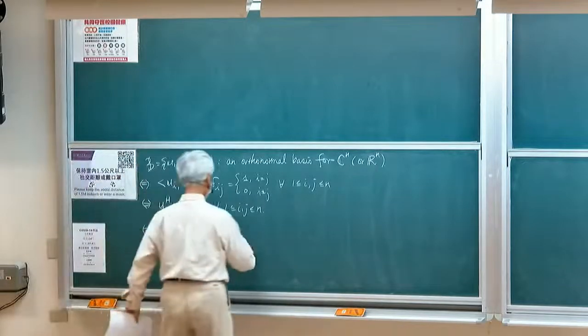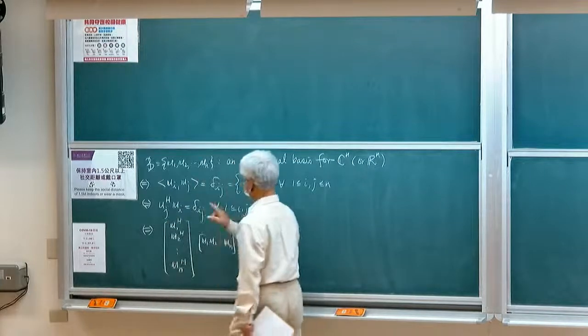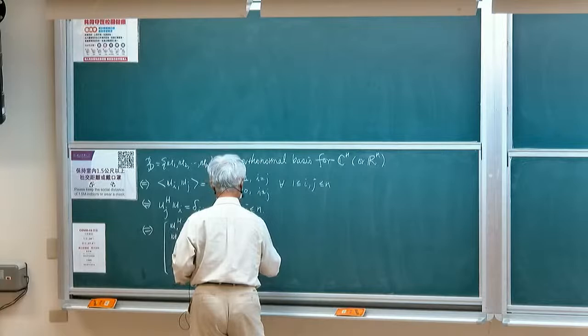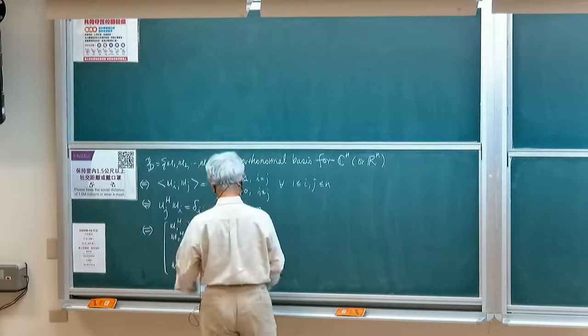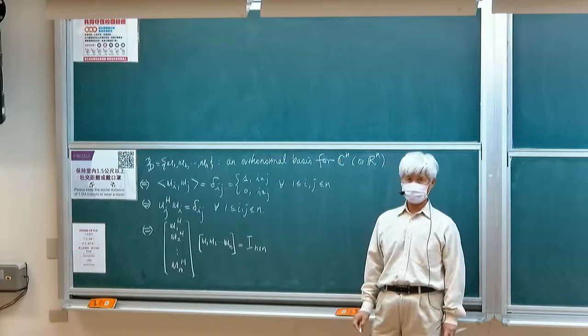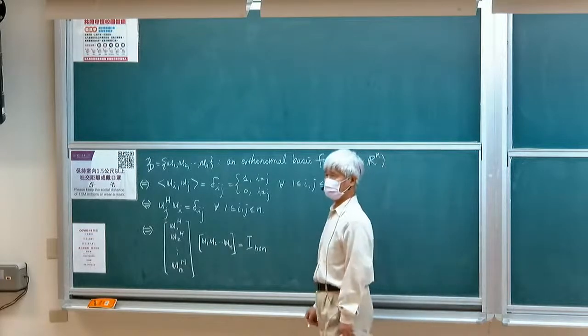And this is equal to, because of the delta ij, the identity matrix. So this is indeed the identity matrix. Questions?